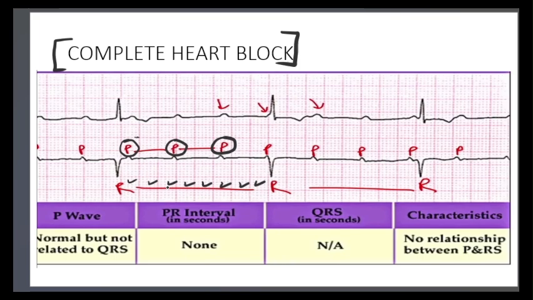The distance between R, that is RR interval, is about 8 large boxes. Here also 1, 2, 3, 4, 5, 6, 7, 8. Again 8 boxes. So R wave happens at a regular interval. Similarly P wave, but there is no relation between P and this QRS or R wave.